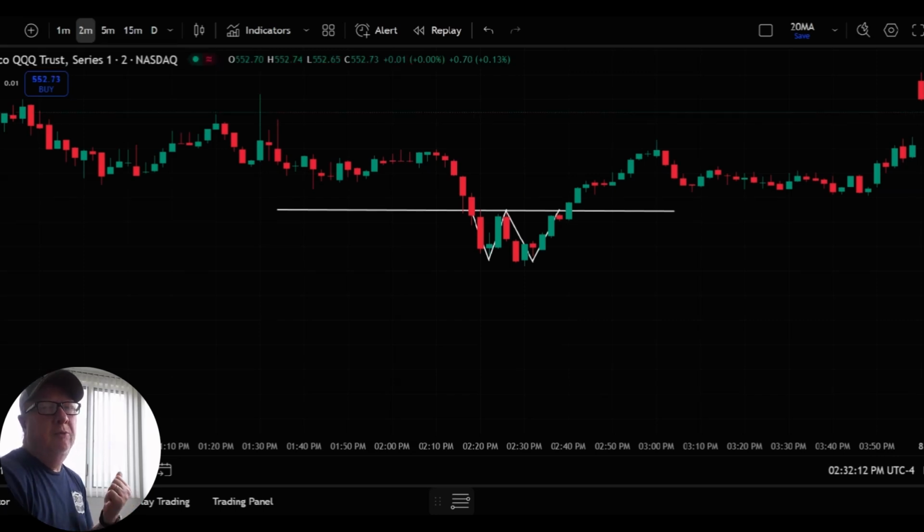So we talked about wick-to-body ratio, topping tails and bottoming tails. We covered that bonus, the tweezer top and the tweezer bottom. We talked about how candle colors can be misleading. You can have a gap higher and then a red candle, but it's actually a very positive move, even though the candle is red. We talked about sort of midpoint magic, right?